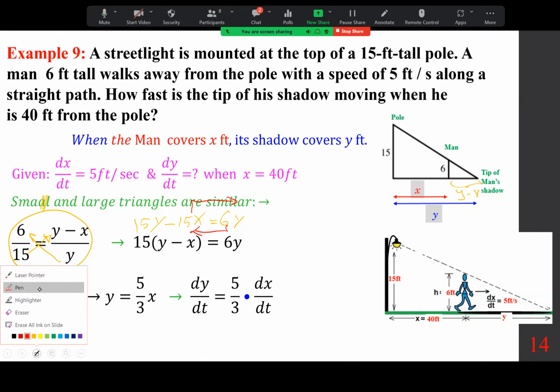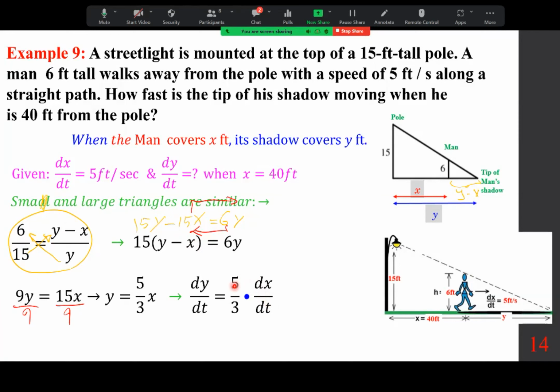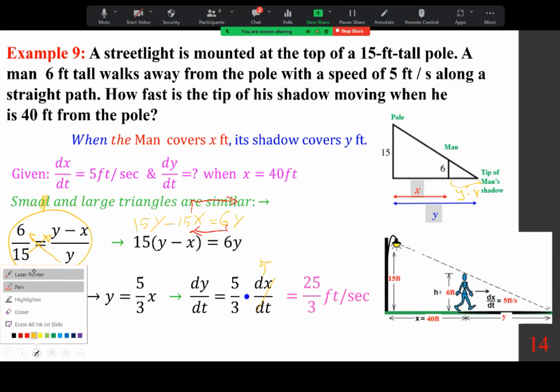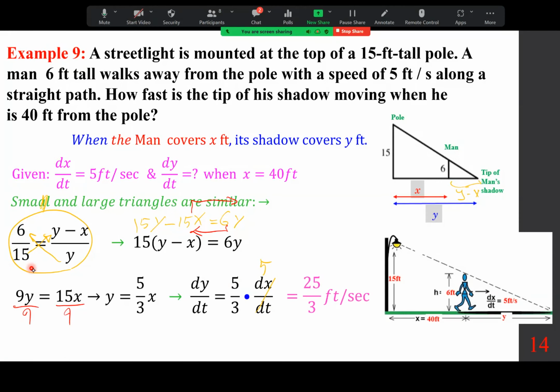And dx dt is replaced by 5, and it becomes 25 thirds feet per second, meaning the tip of the shadow is moving at the speed of 25 thirds. That means 8 1/3 feet per second when he is 40 feet from the pole.